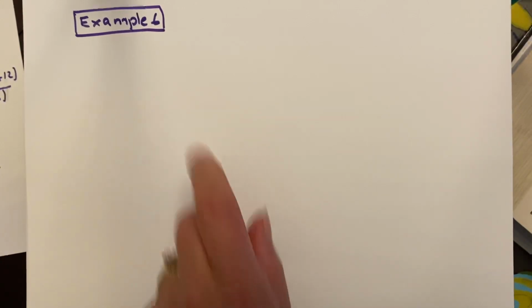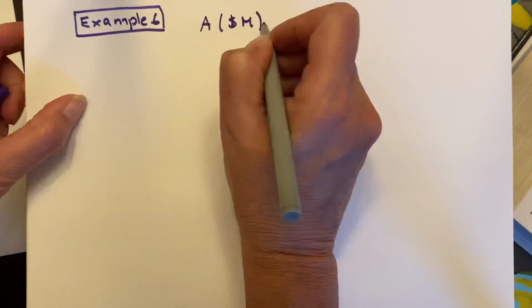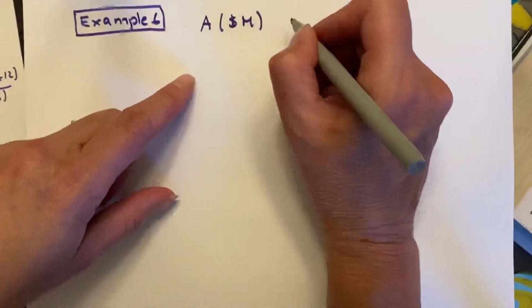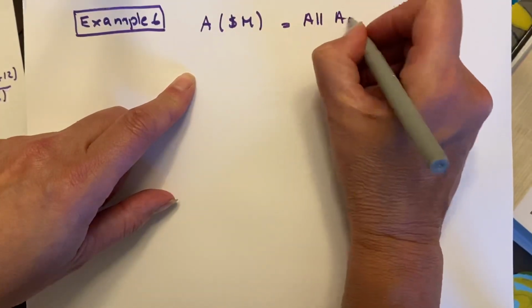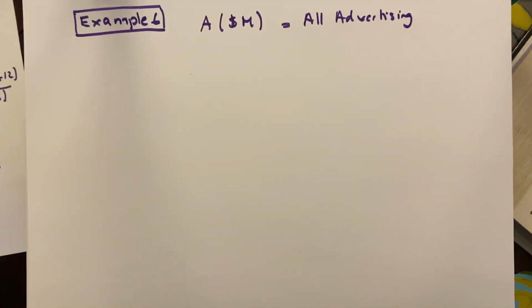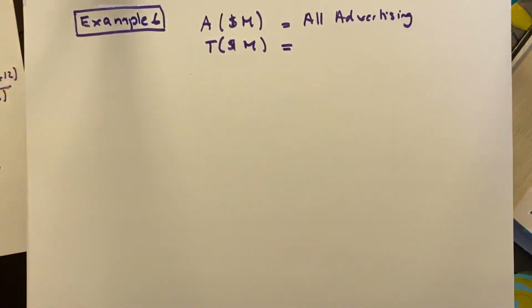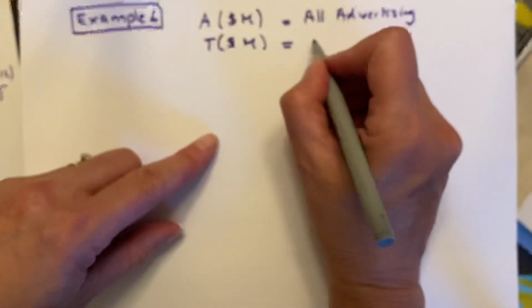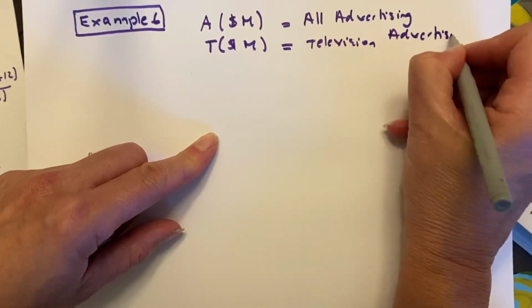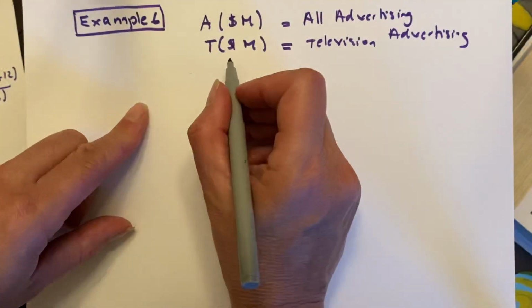So the amount A in millions of dollars spent on all advertising, and the amount T in millions of dollars, which is just for television advertising in the United States, are given, this is the period 1970 to 2003.